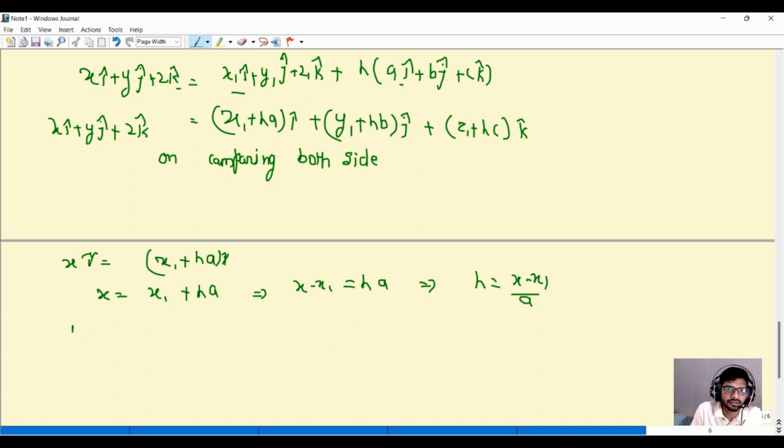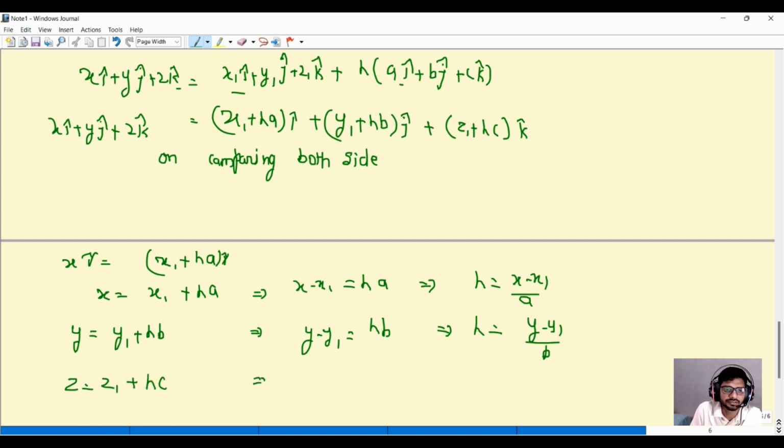Similarly, on comparing y, y equals y1 plus lambda b. This gives y minus y1 equals lambda b, so lambda equals y minus y1 upon b. Similarly, z equals z1 plus lambda c. This gives z minus z1 equals lambda c, so lambda equals z minus z1 upon c.